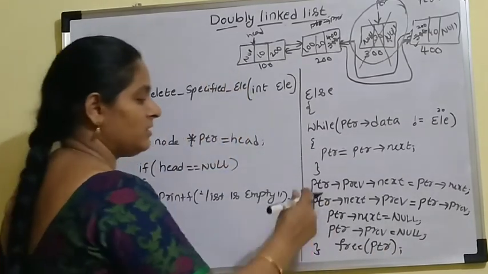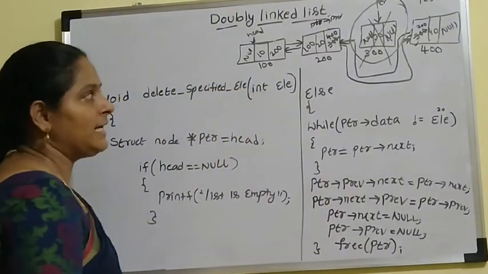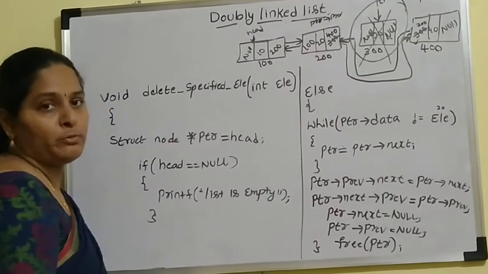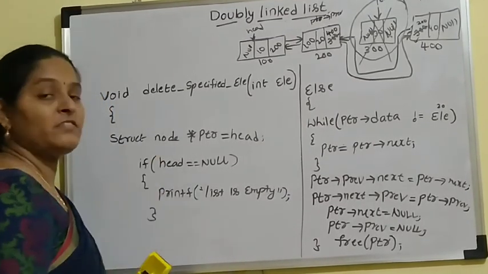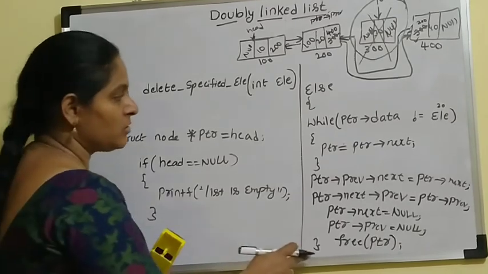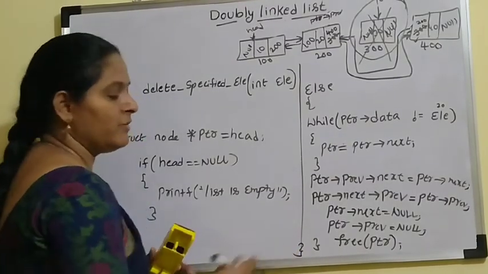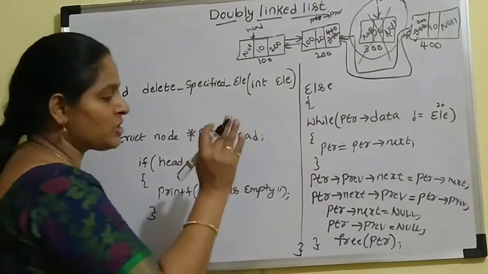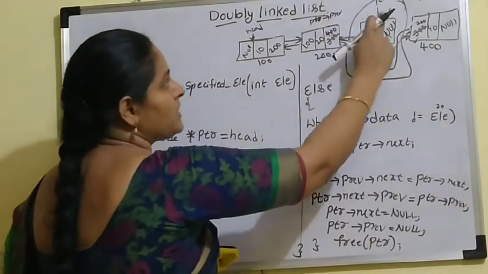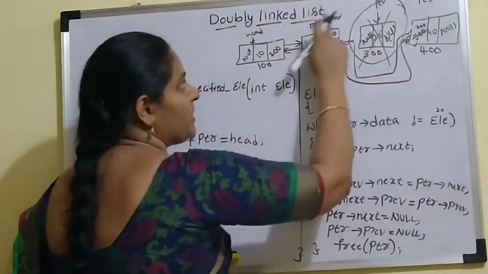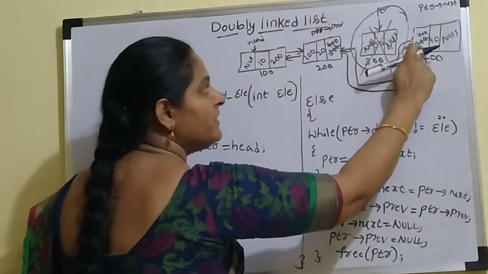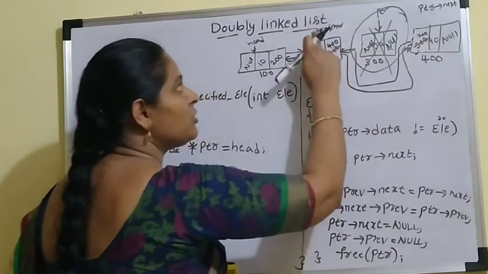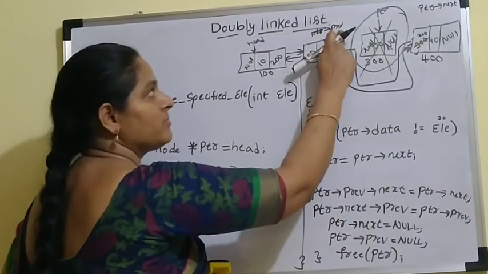This is the way to remove the specified element from the list. So close the else block and close the function. Only 4 statements. If this is the ptr, this is the ptr next node, and this is the ptr previous node. In ptr next node previous part, we should save address of ptr previous.